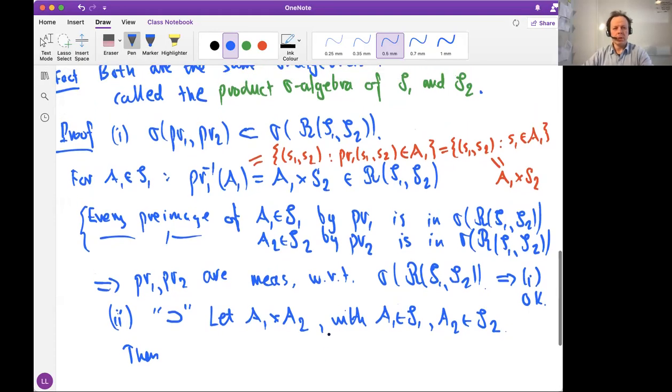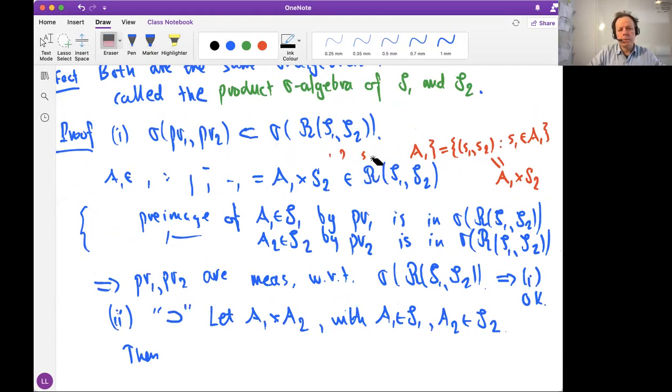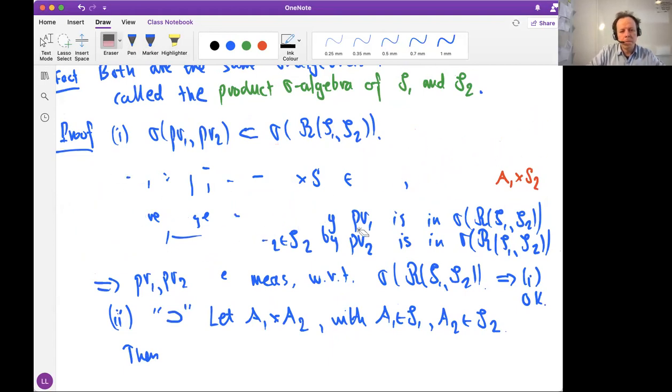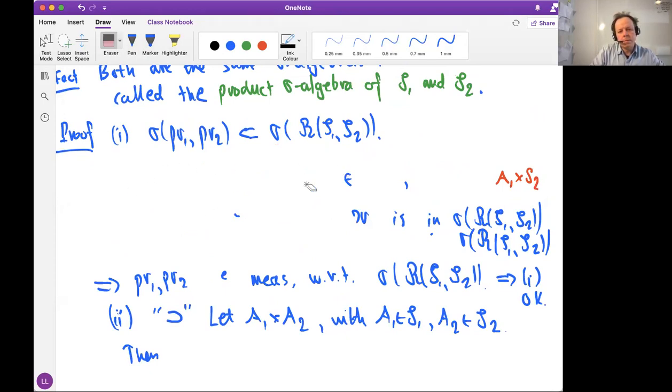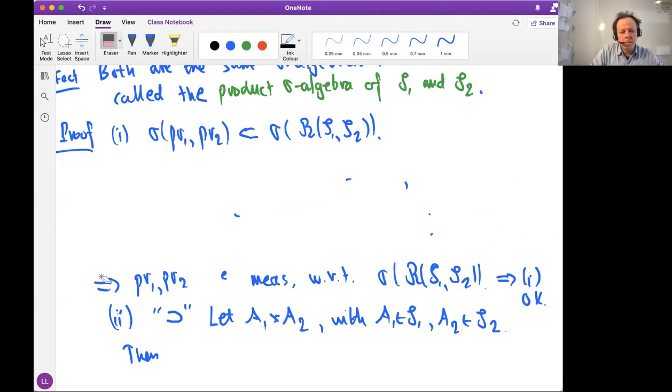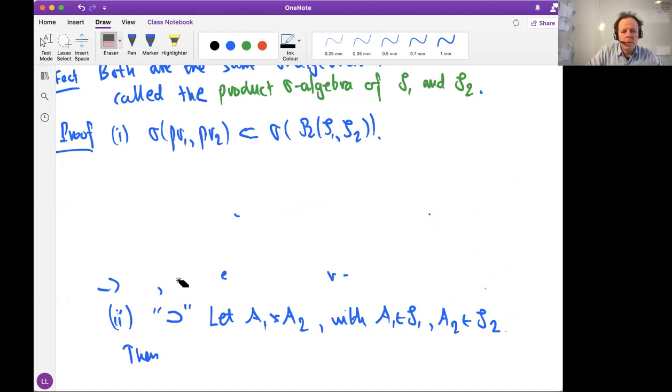Let's look at the picture again. Actually, let's make some space. So let's clean this part, which we already proved. Let's clean this away, and think about the other direction. So the other direction, one was done.